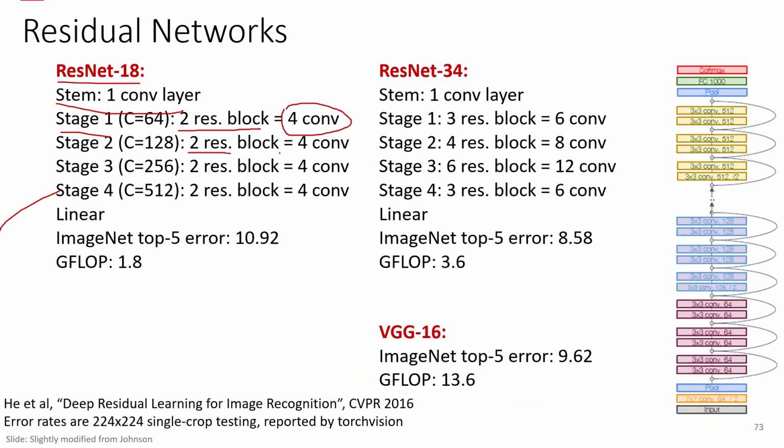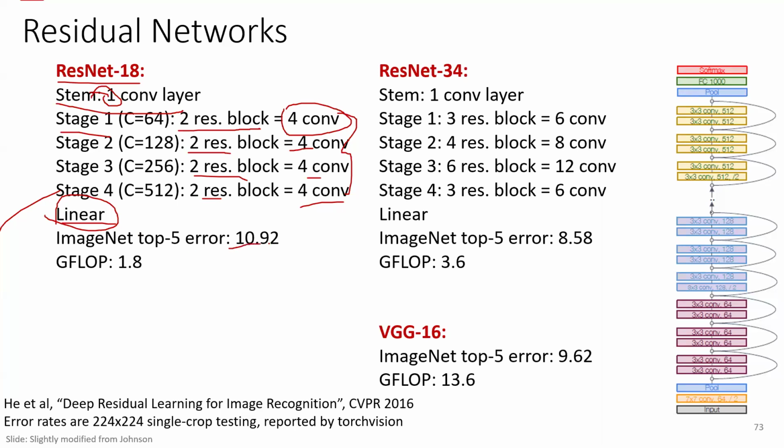So 2 ResNet blocks, that means 4 convolution layers, 2 ResNet blocks, 4 convolution layers, 2 ResNet blocks, 4 convolution layers. Then finally a linear layer to give the 1000 output. So 1 layer here, plus 16 layers there, plus 1 linear layer there. So altogether 18 layers. This is the 18 layer ResNet, or we call it ResNet 18.